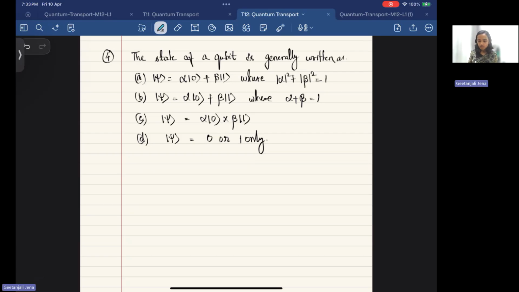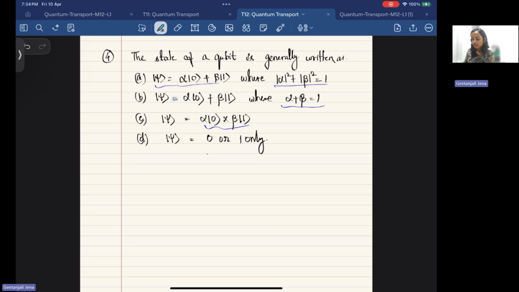Question number 4. The state of a qubit is generally written as option A, psi is alpha 0 plus beta 1, where alpha square plus beta square is 1. Option B, psi is alpha 0 plus beta 1, but alpha plus beta is 1. Option C, it's a multiplication of alpha 0 into beta 1.